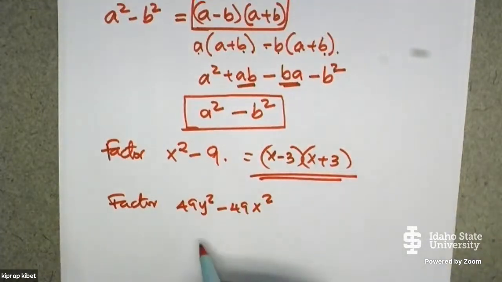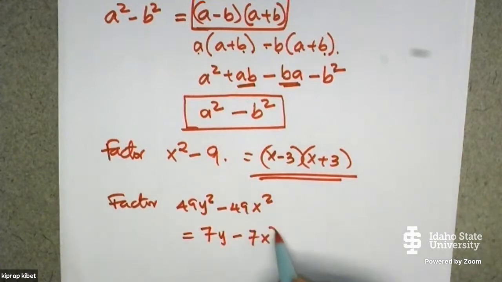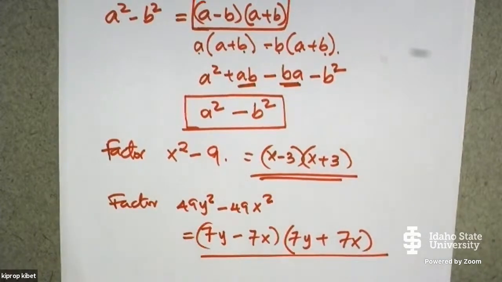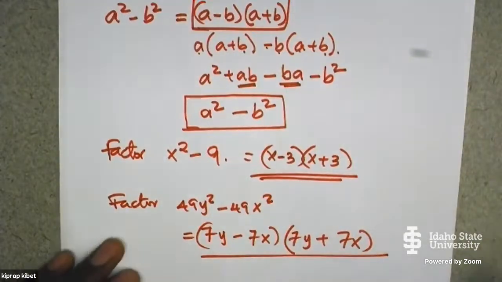So this is equal to 7y minus 7x, 7y plus 7x. Are we together? Are we clear on that? So, difference of squares.